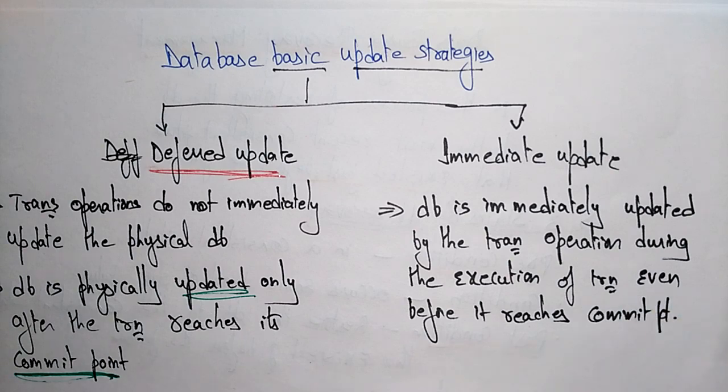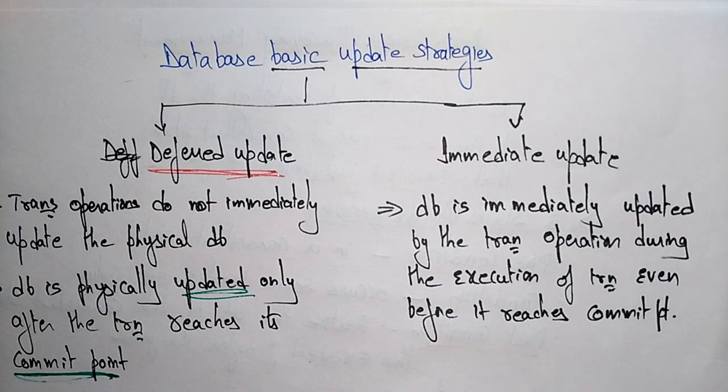So it automatically saves in immediate update after every 5 minutes, whereas in deferred update, only when it reaches the commit point will the database be updated. In immediate update, while you are doing the operations, the transactions are updated before reaching the commit point. That is the main difference between deferred update and immediate update.